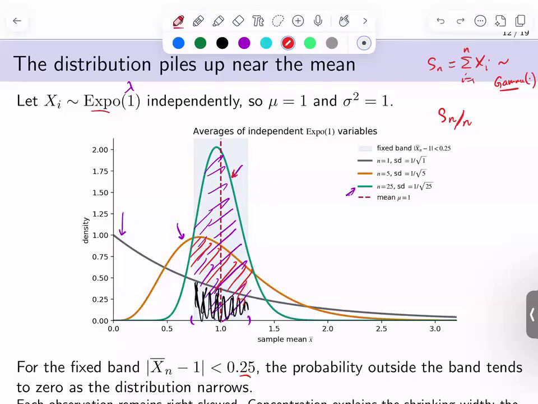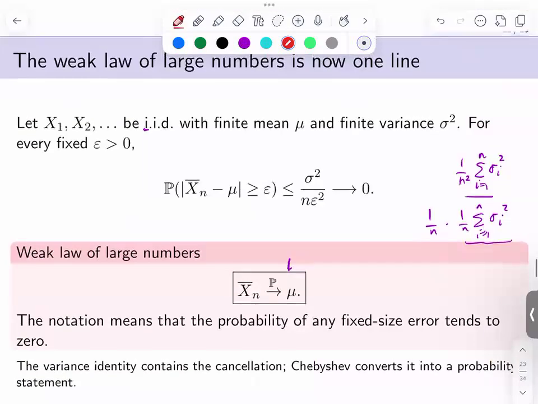It turns out that it starts to look like normal. If you look at x bar n and subtract the mean, this is going to zero in a sense. Roughly, the difference is going to zero.